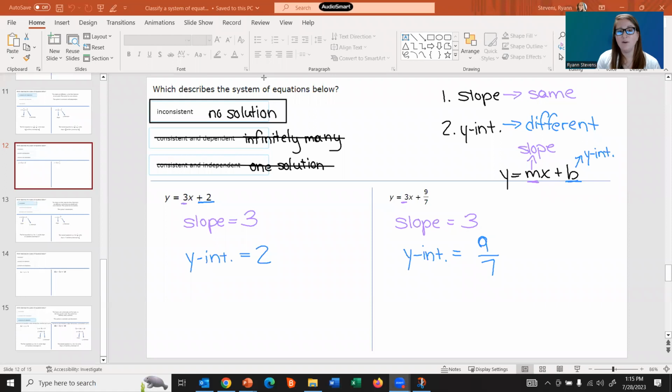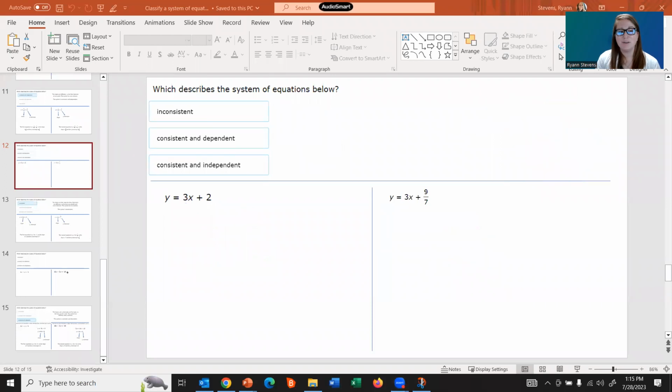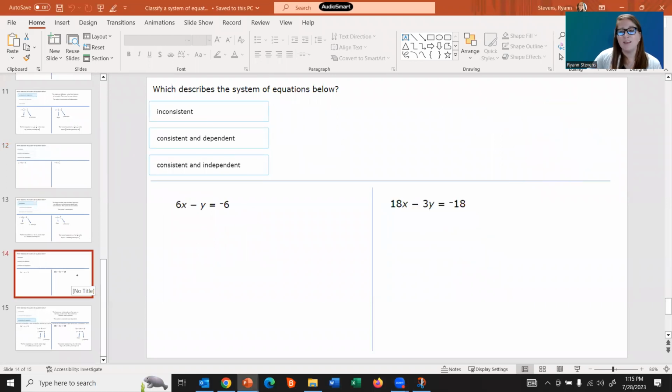All right, and one more example that we have here to practice. We have to describe this system of equations. Remember, inconsistent is no solution. Consistent and dependent is infinitely many solutions. And consistent and independent is one solution.